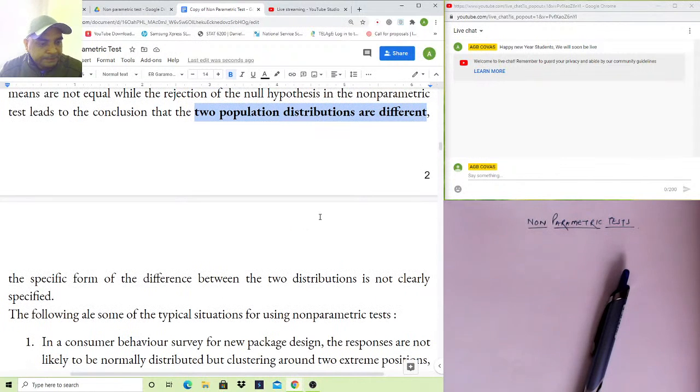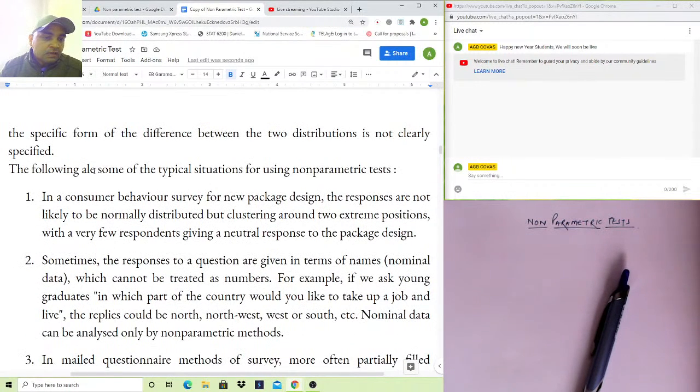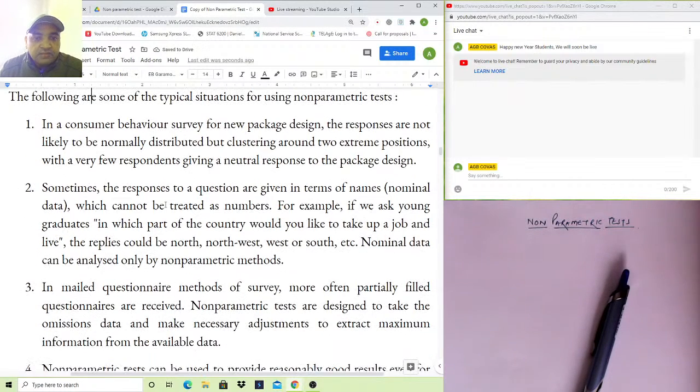That's all. The specific form of the differences between the two distributions is not clearly specified in non-parametric tests. So the following are some of the typical situations for using non-parametric tests.